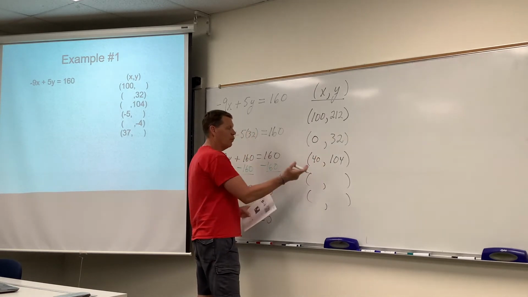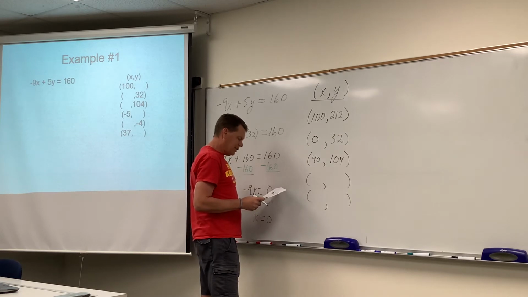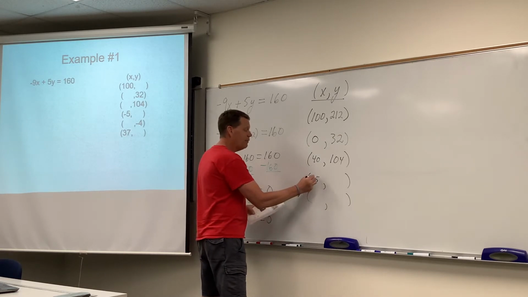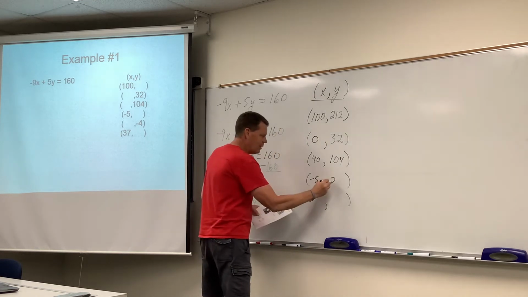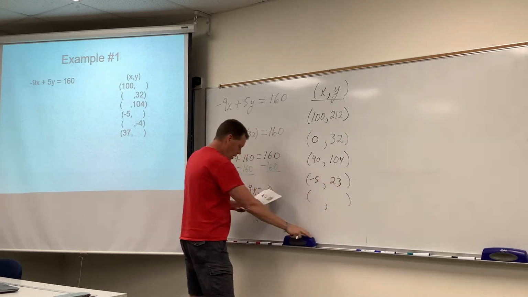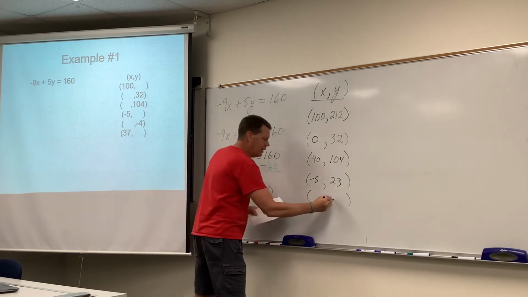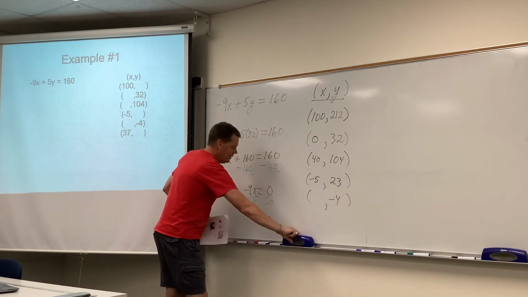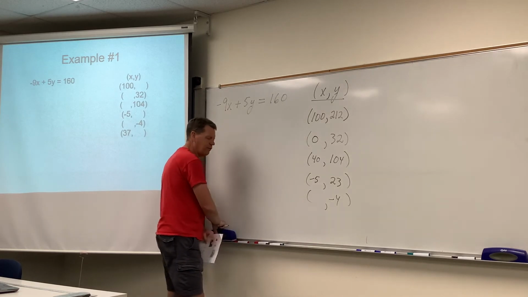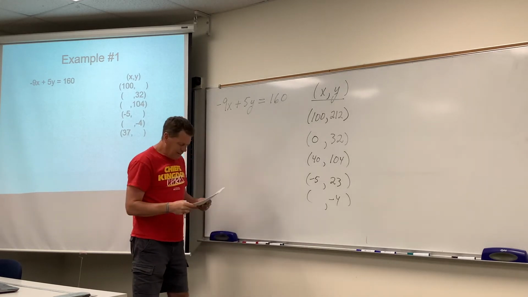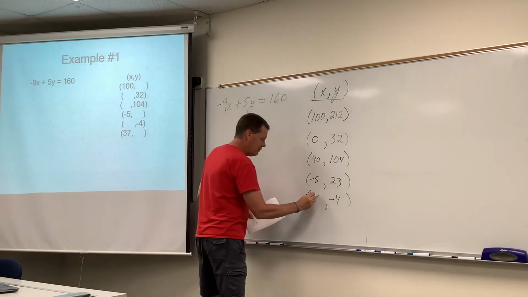If you put 104 in for y, you should get 40 for x. If you put in negative 5 for x and solve for y, you would get 23. If you were to put negative 4 in for y, solve for x. Every time you plug a number in for one variable, you can solve for the other. You get the idea, but that turns out to be negative 20.